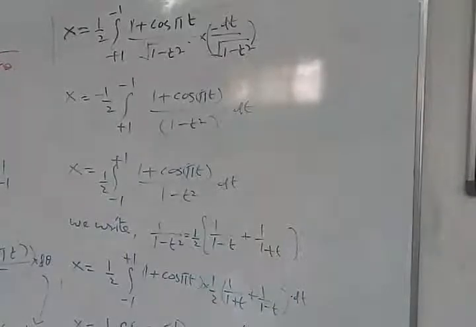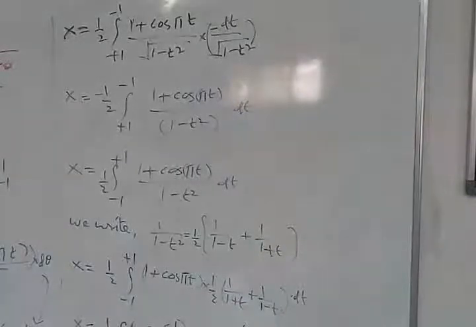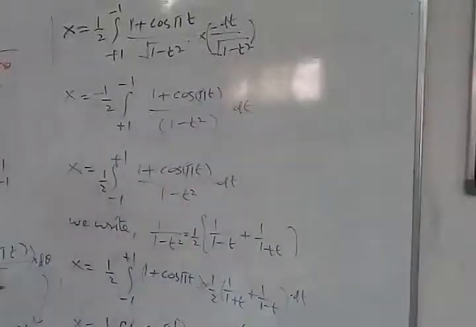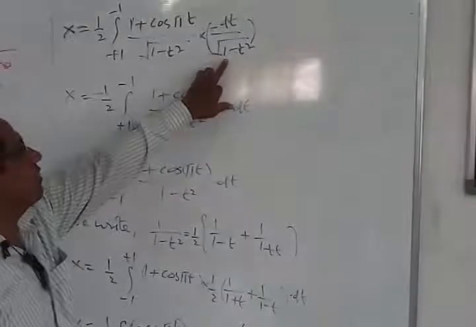Now you can see the equation after substitutions for x. Where I have written x is equal to 1 by 2 ranging from plus 1 to minus 1 into 1 plus cos of pi t by under root of 1 minus t square into minus dt by under root of 1 minus t square. This term we have got from sin theta.